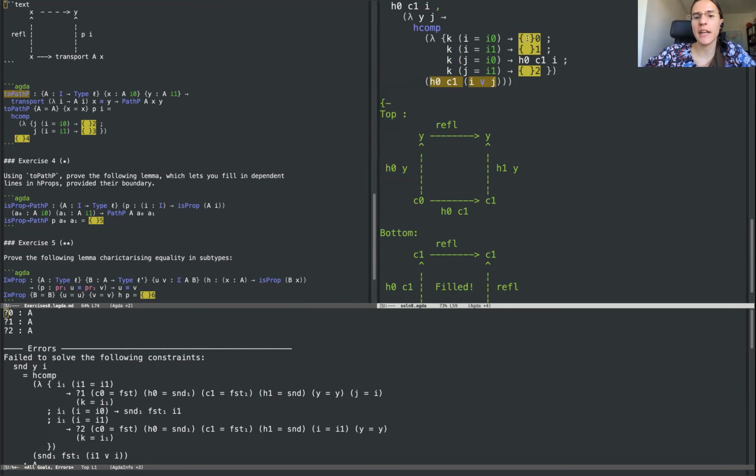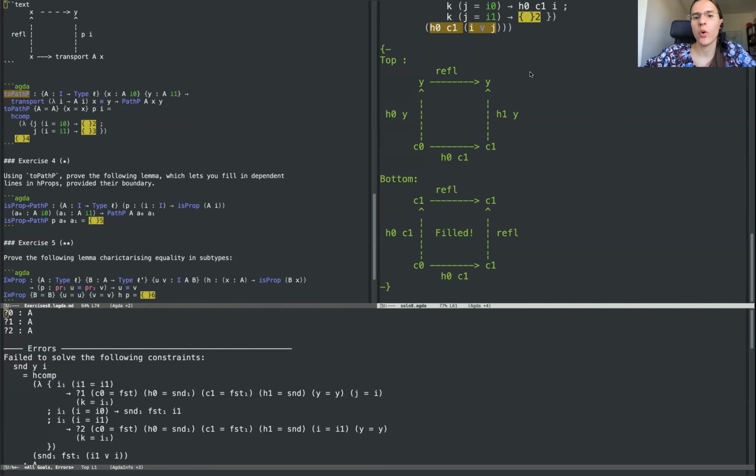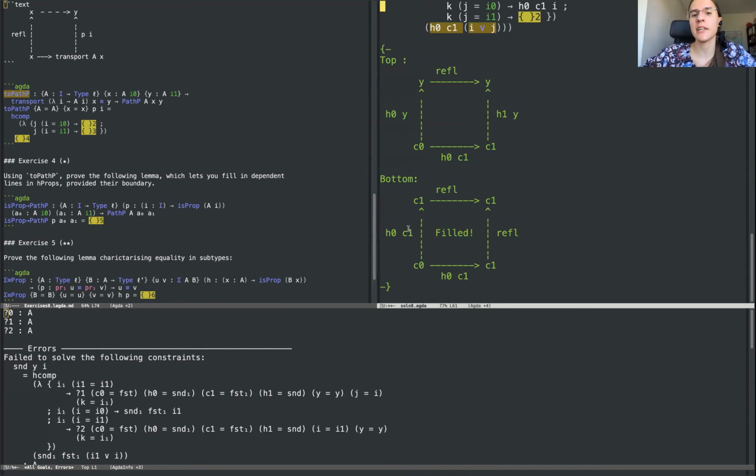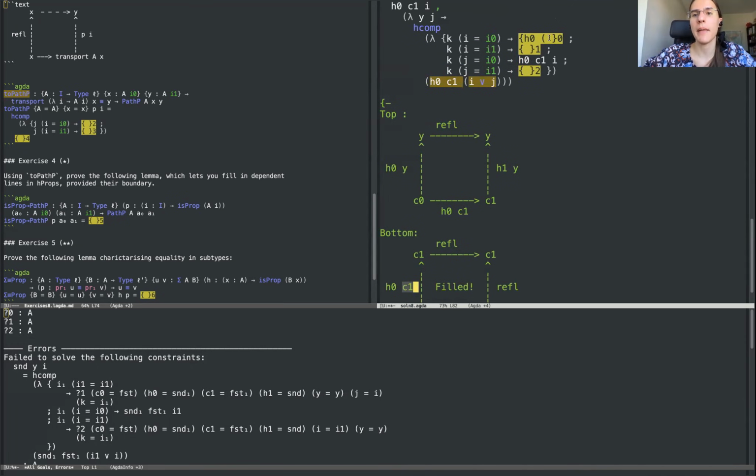So H1, oh, it's not so easy. Or rather, what we can do is we can take H naught and we can change what the argument is in here. So we're going to consider H naught of something that connects C1 to Y. What connects C1 to Y? H1 of Y connects C1 to Y, right?